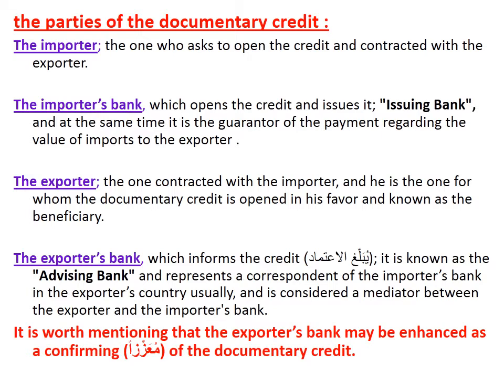It is known as the advising bank and represents a correspondent of the importer's bank, usually in the exporter's country, and is considered a mediator between the exporter and the importer's bank. Now, it is worth mentioning that the exporter's bank may be enhanced as a confirming bank of the documentary credit.